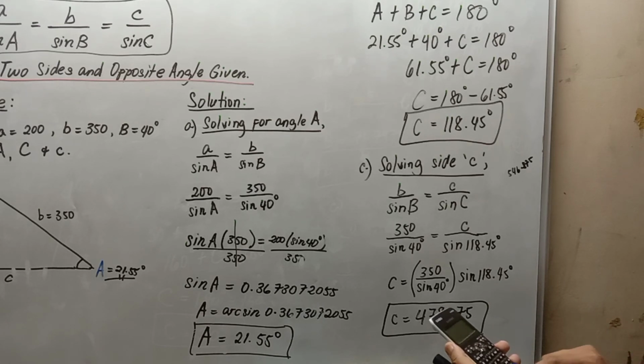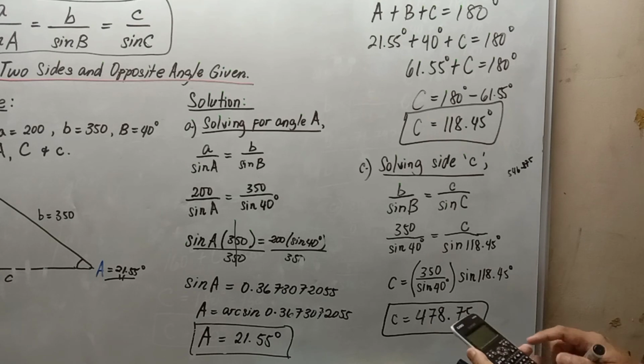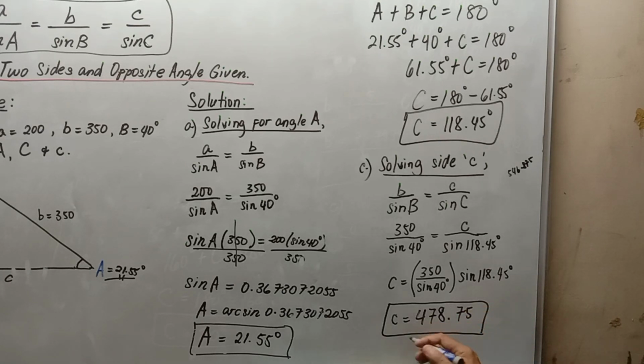Let's see, right. So this is the final answer for the third side, guys: 478.75. I hope you understand our example problem regarding this sine law. Okay, guys. Thank you for watching, and have a nice day.